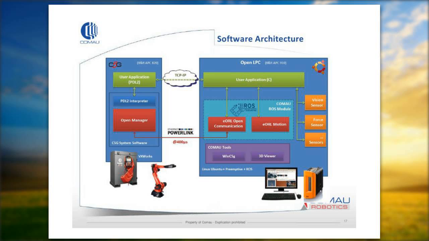And we have also other tools. On these two parts of the libraries, we have also depicted the ROS Industrial interface, that is what the Comau ROS module could be in the future, integrating both the communication and the motion side of this system.